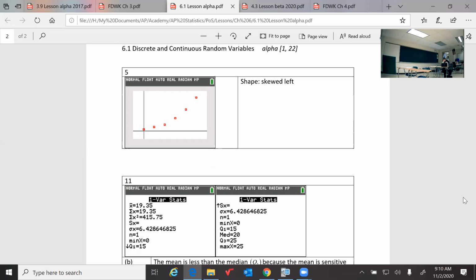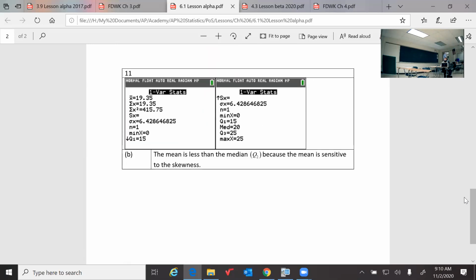And for 11, what I did was I did 1 variable statistics to the data that's already in there. So let's make sure we can all do that. Take out your calculator.